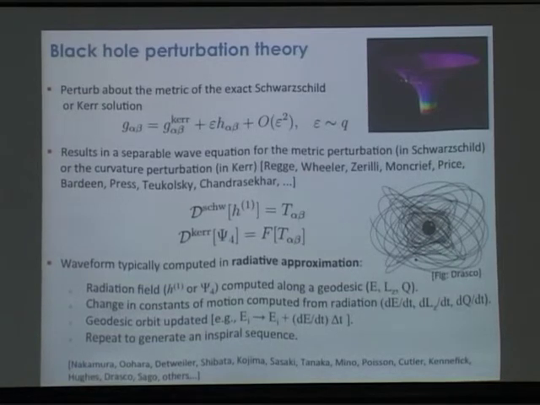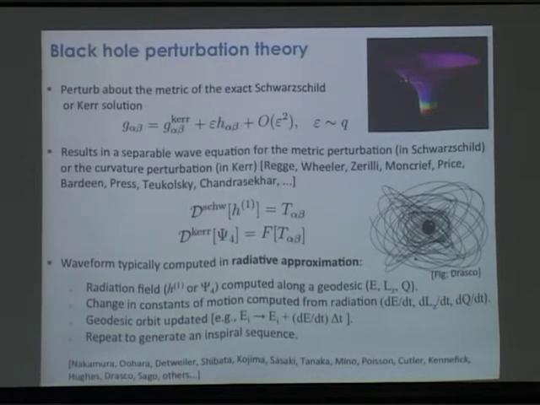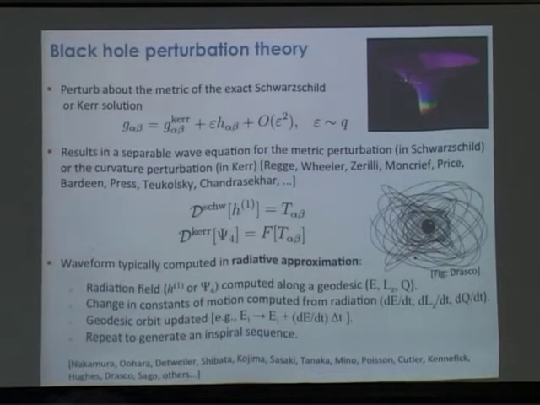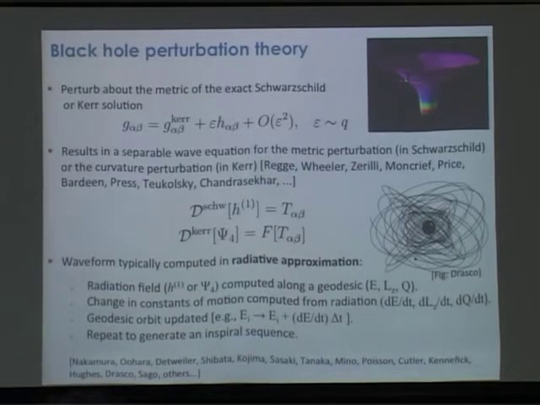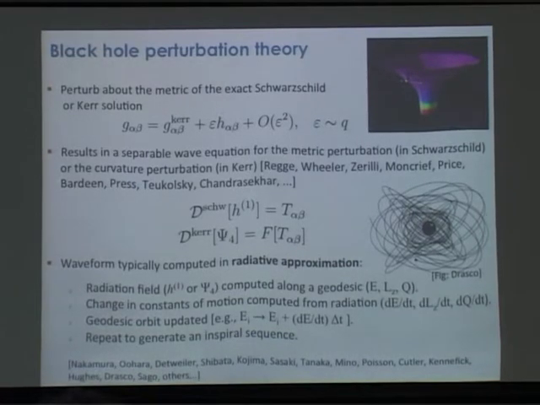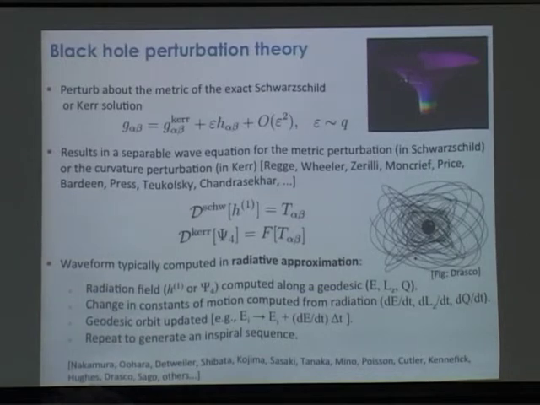Once I know what the wave produced by that single orbit is, I can then compute the radiation emitted. That radiation also tells me the rate of change of energy, the rate of change of angular momentum, and the rate of change of the Carter constant. So once I know the radiation field for a given orbit, I can update the constants of motion for that orbit and see how it takes me to the next orbit.